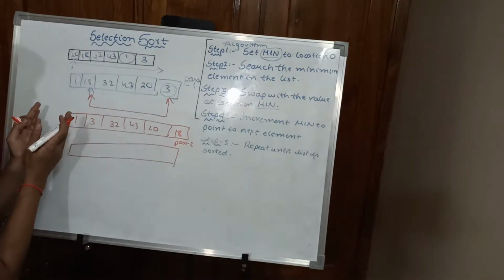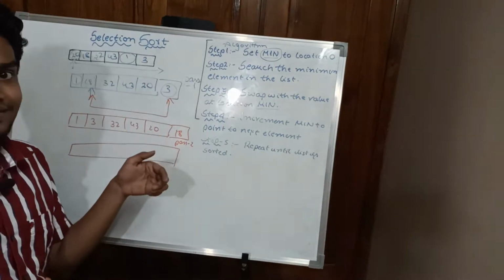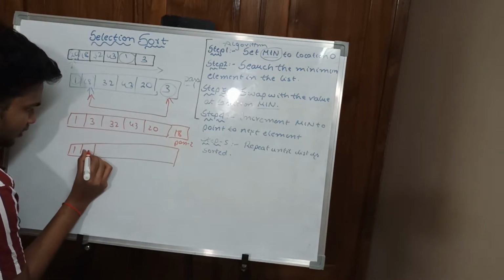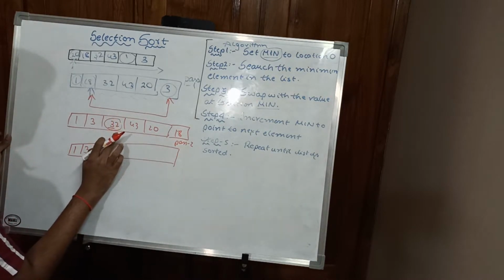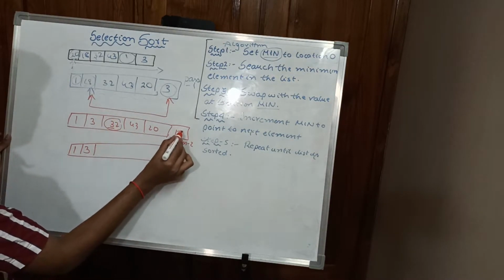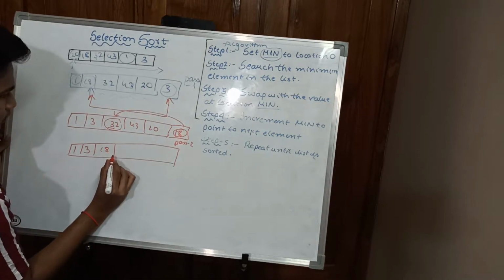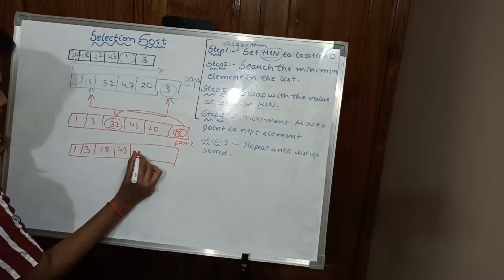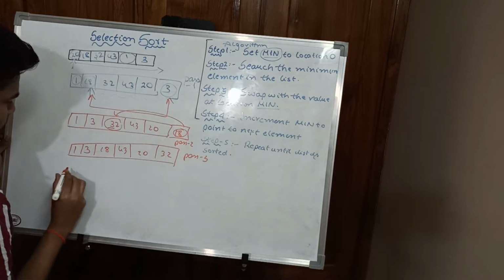The smallest elements occur in ascending order with respect to all the numbers present in the array. So this would be 1, 3. Now 32 should be swapped. First of all, it will check for the least element, 18, and I can swap it. When 18 is swapped with 32, we get 43, 20, 32. This is pass 3.